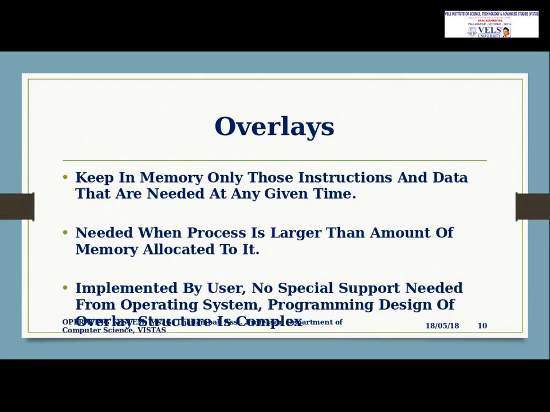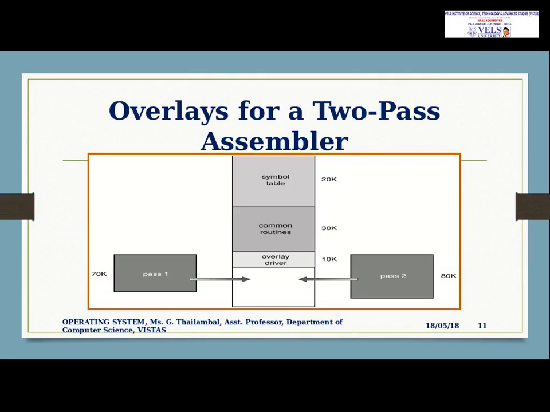So this is called overlays. With this overlay technique, the memory space is properly utilized. Suppose content A has 100 lines and content B has 100 lines, and you can store only 100 lines in the memory and execute it, and whenever it is not needed, the 100 lines of process A will be replaced with process B. And it is implemented with no special support. This is also automatically done by the operating system.